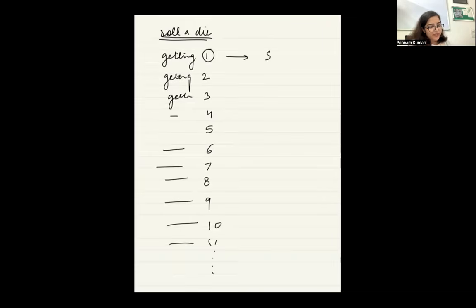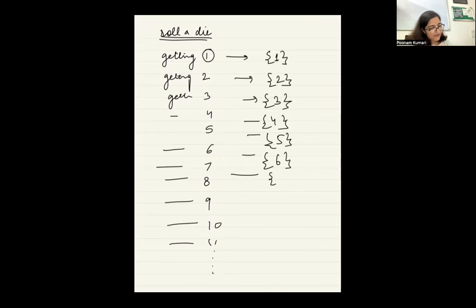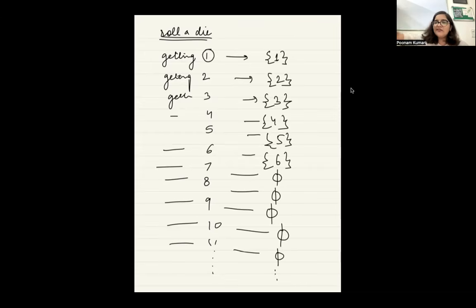I will have an outcome here, here, and here, and also here, here, and here. I will have no outcome here, no outcome here, no outcome here, and it can keep going on. But it is still an event, right? It's just that this event doesn't have any member. Okay, ma'am, I know. But I can define a list of infinite disjoint events, right?